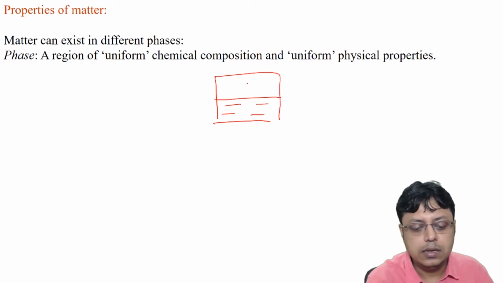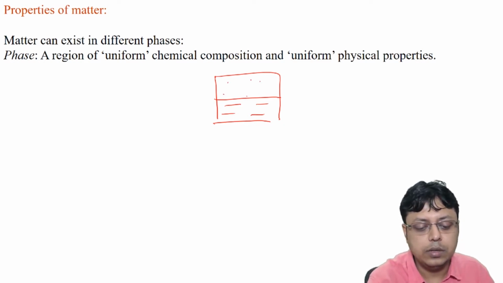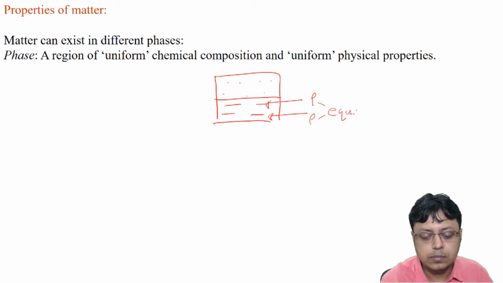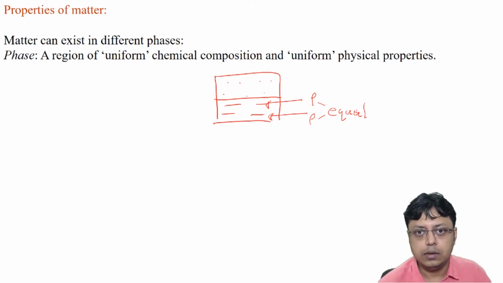Now the liquid is in equilibrium with its vapor. Now if you ask what is the density at two different points inside the liquid, these two densities must be equal. So that is the meaning of uniformity.